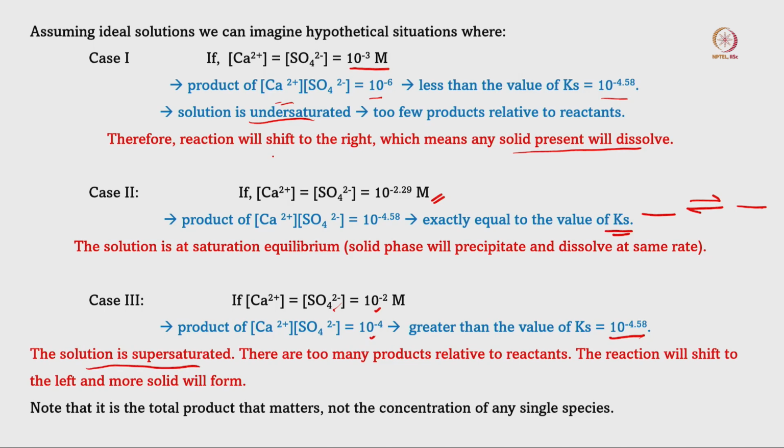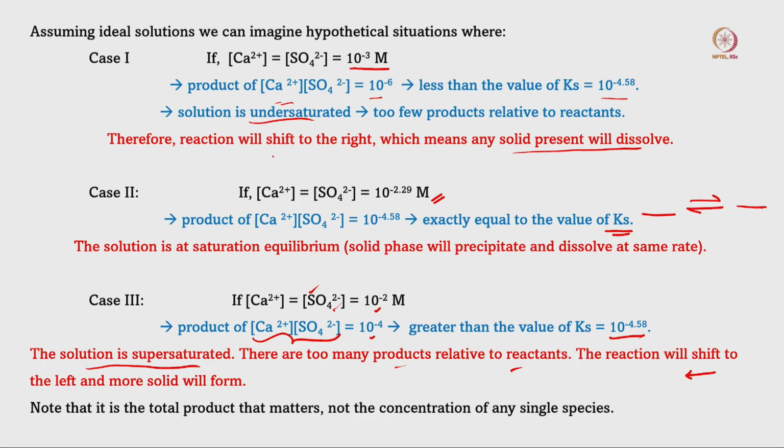That means there are so many products as compared to the reactants. Now, the reaction will shift towards the left and only precipitation will happen. You should always remember that we are considering the product and not the concentration of any single species.